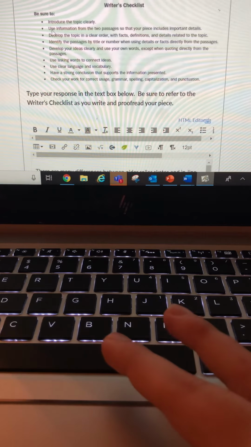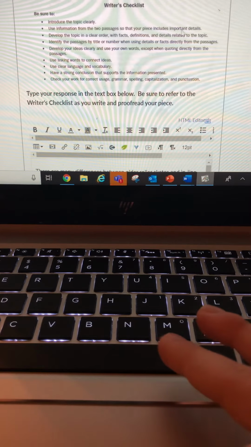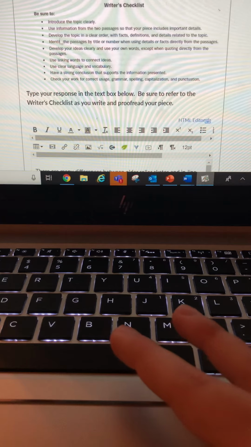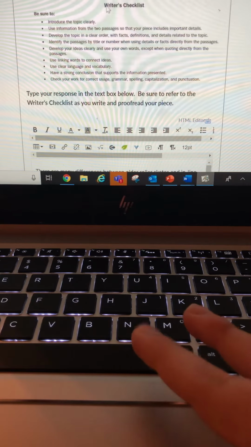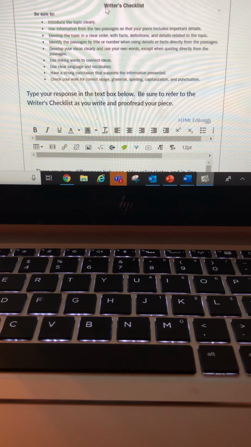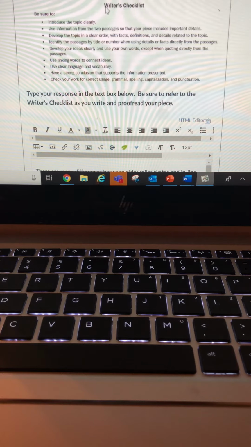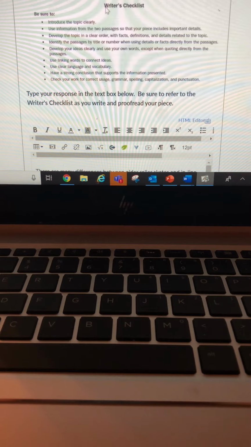Now remember, you have to use information from both of the passages so that your piece includes important details. This is when you identify your passage by title or number. So we do this when we say, in the first story, roller skates, it says, and then we provide evidence. And we have to do that for both stories. So you have to say in the first story, in the second story, in the story, the history of roller skates.